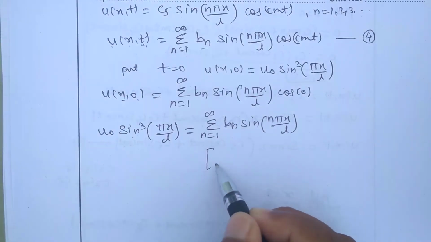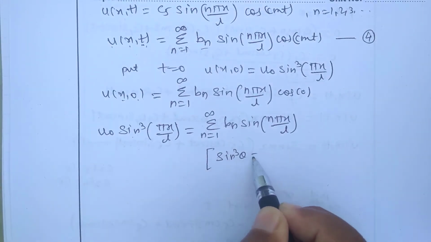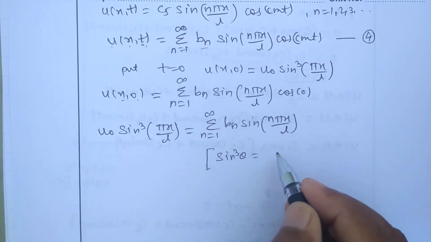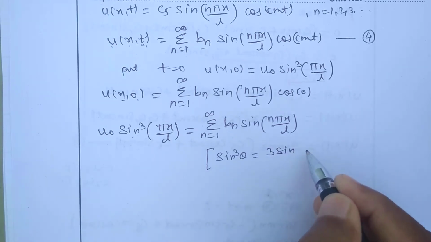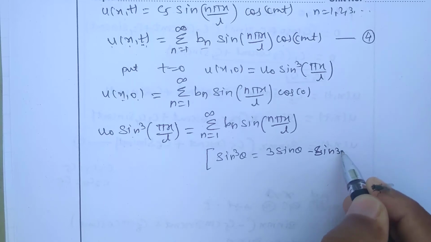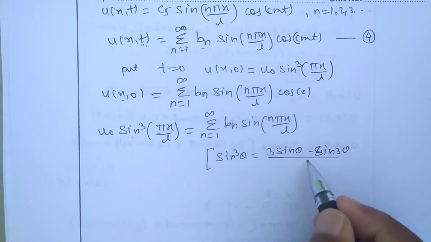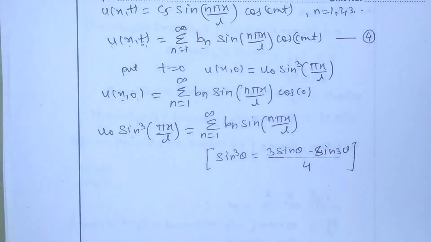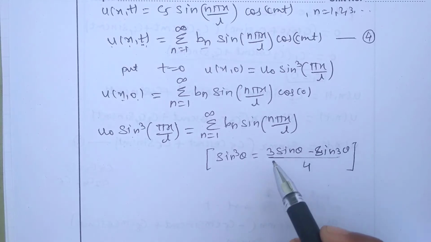We know that sine cube theta is equal to 3 sine theta minus sine 3 theta upon 4. Actually, there is a formula for sine 3 theta. What is sine 3 theta? Sine 3 theta is equal to 3 sine theta minus 4 sine cube theta.